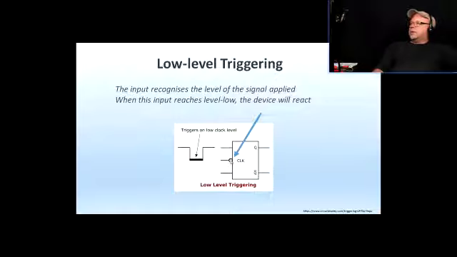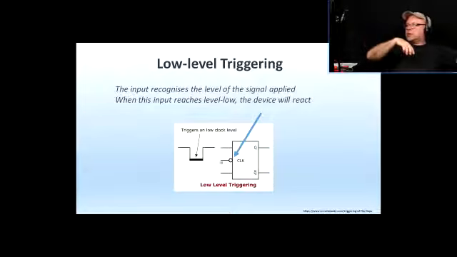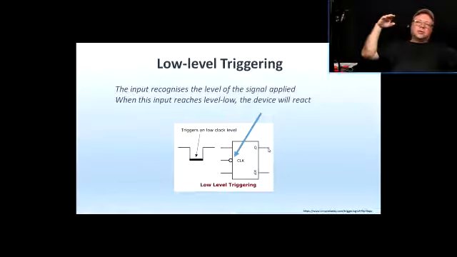And notice we have a little bubble here. When you see something like that, that means this device is level triggered and it's reacting to a low level. It's going to act to a low level control signal. When that signal is high, no matter what happens to the inputs, these two inputs right here, the outputs are not going to react.